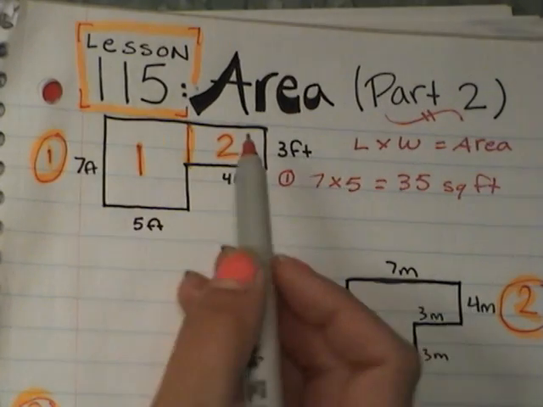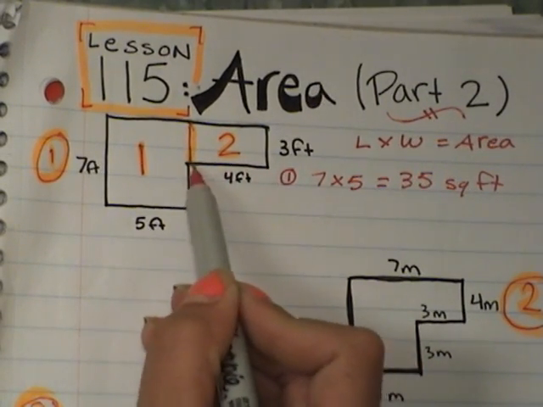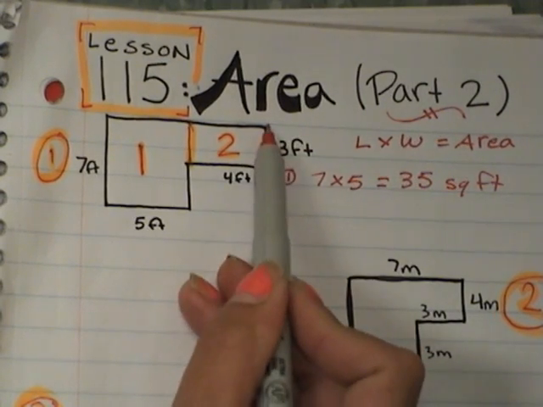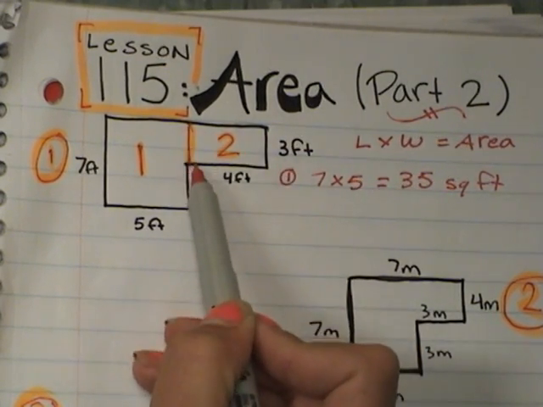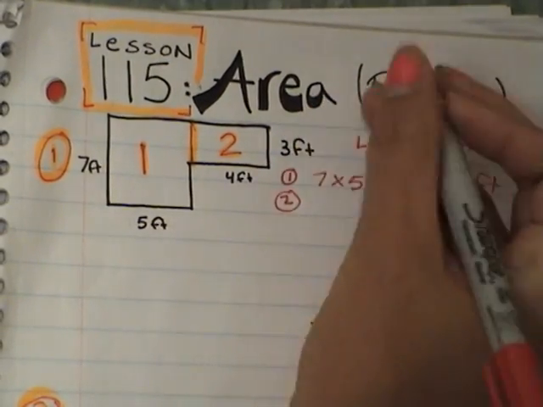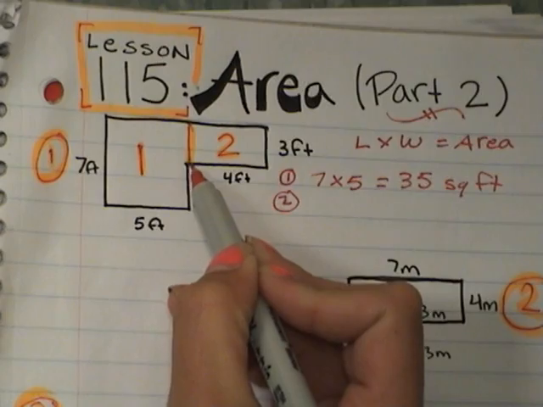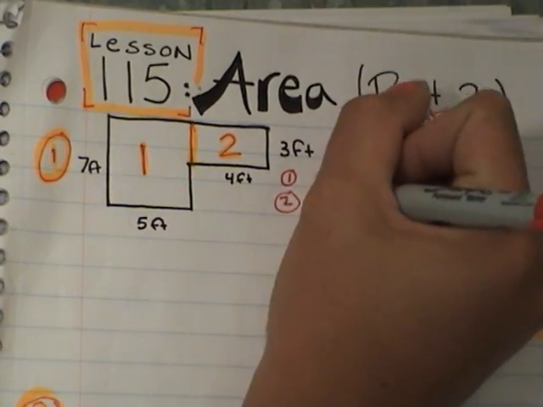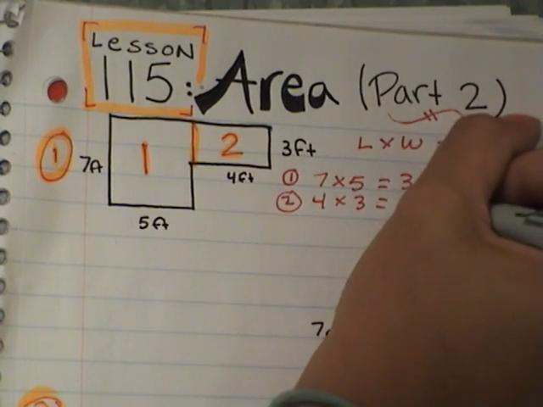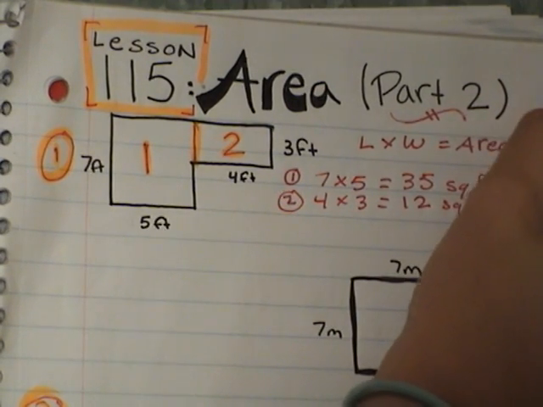I'm going to go over to side 2. 4 feet. If this is 4 feet right here, then this top one is 4 feet right here. If this is 3 feet, then this has to be 3 feet. So for 2, I'm going to multiply my length, 4 feet, times my width, 3 feet, to get 12 square feet.